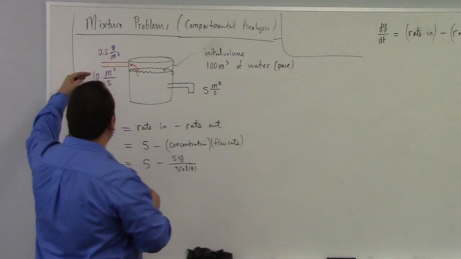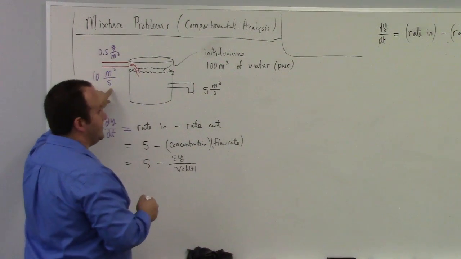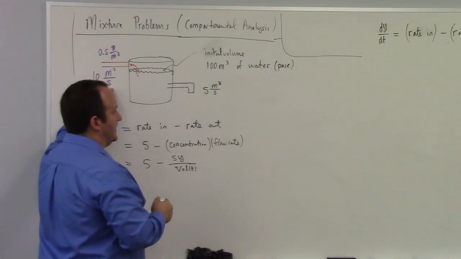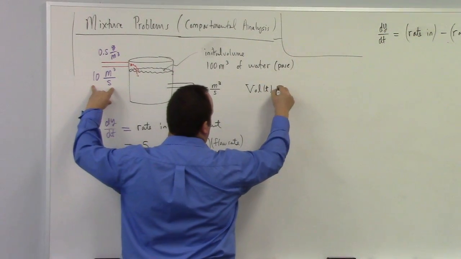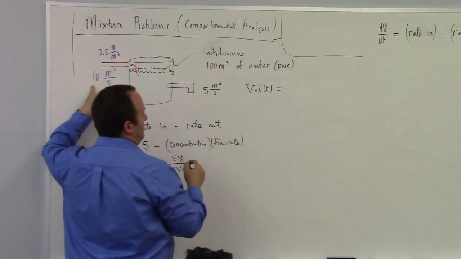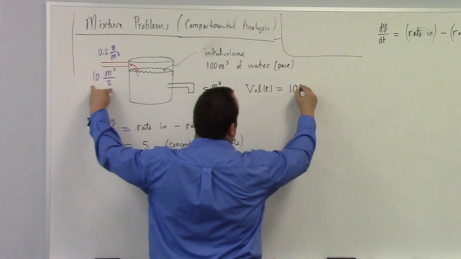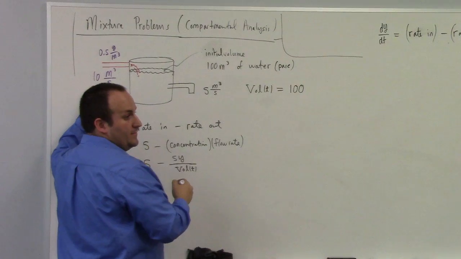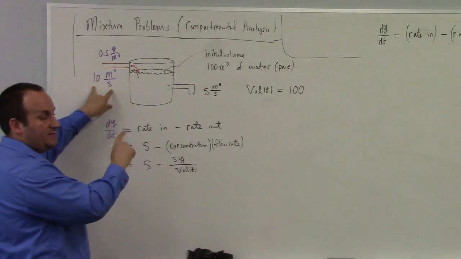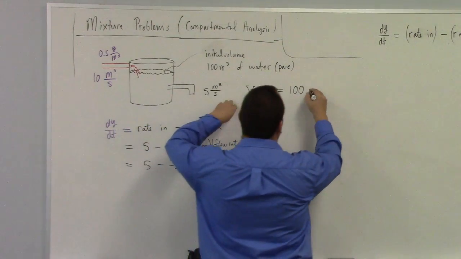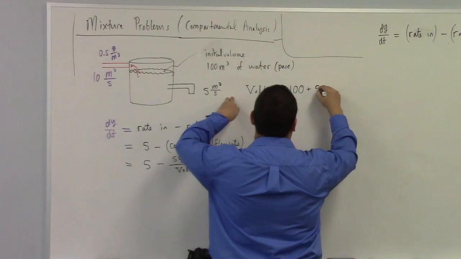So if you look at it, the volume is linearly increasing, right? 10 cubic meters per second. Wait a minute, no. What's the volume? I'm just adding 5 cubic meters per second, right? So it starts out at 100, and then, like you said, we're adding 10 minus 5, so 5t, since we're in seconds.